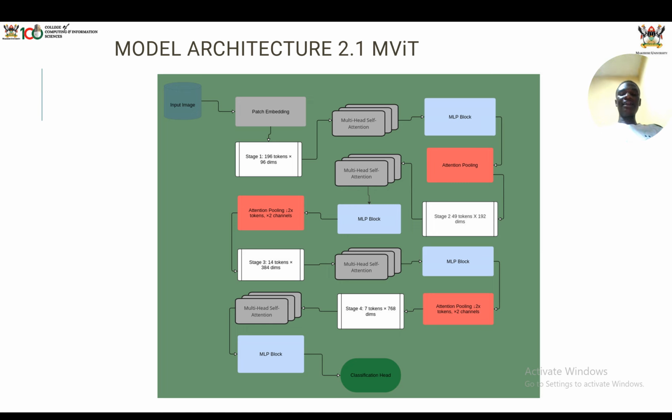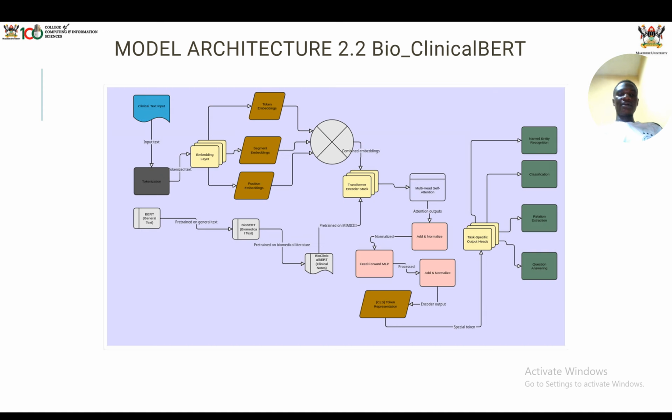This layer happens recursively. The same block happens after the attention pooling. It goes back to the multi-head attention, recursively, until we achieve a classification head, which we then pass into our student model through a softmax function, converting into probabilistic distributions.